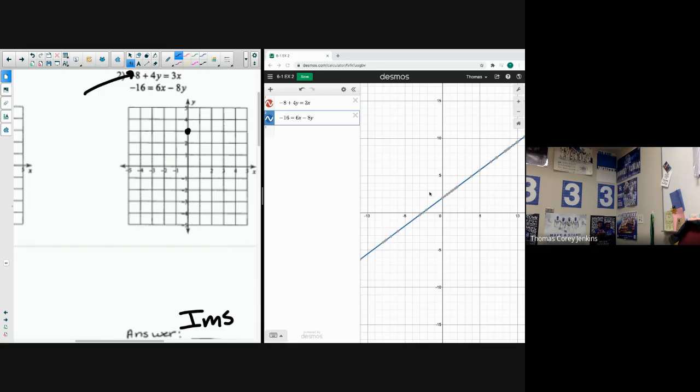So I will just make another point, down 3, left 4, which actually puts me on my x-intercept. Oh, my y-intercept was 2. That was my mistake.